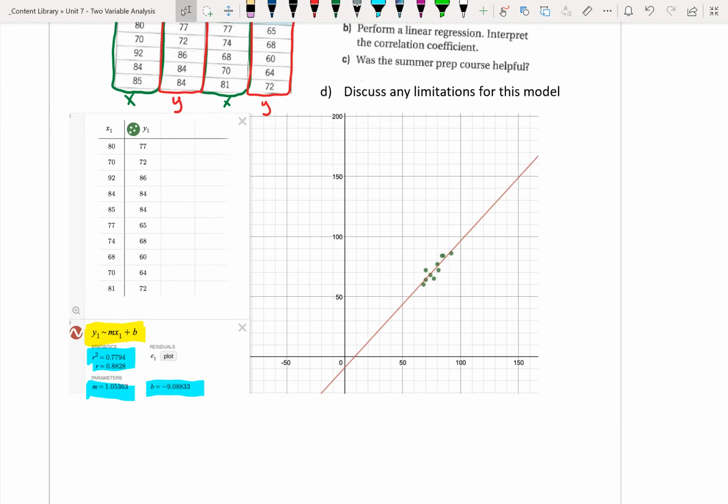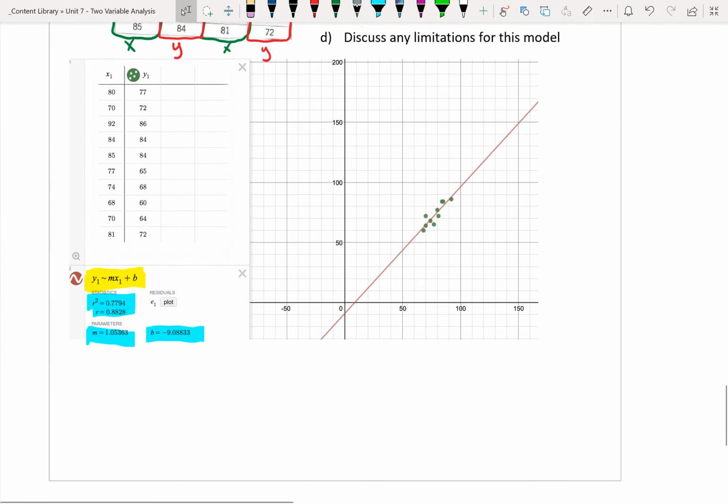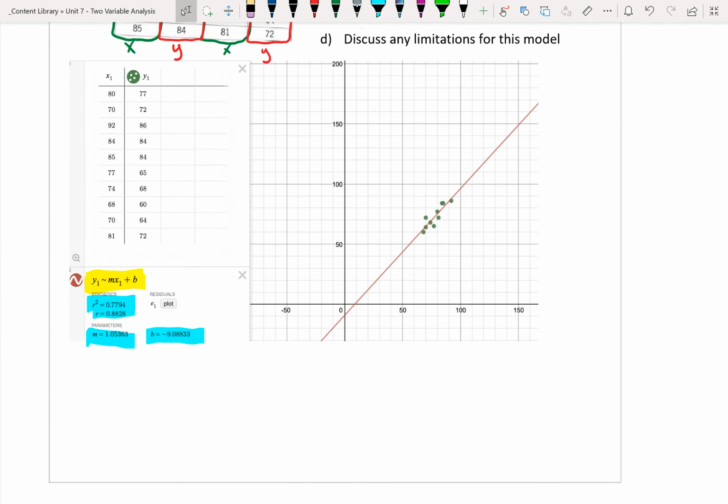So we've graphed it, we have all our values, we've performed a linear regression. We want to interpret the correlation coefficient. Looking at my values, my r value is equal to 0.88, and my r squared is equal to 0.77.